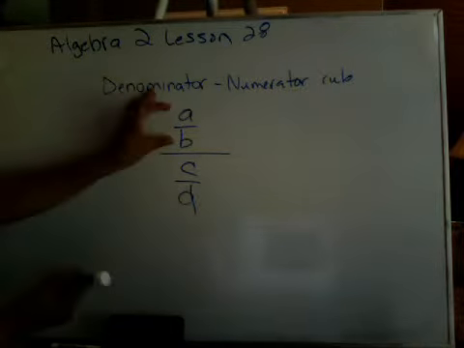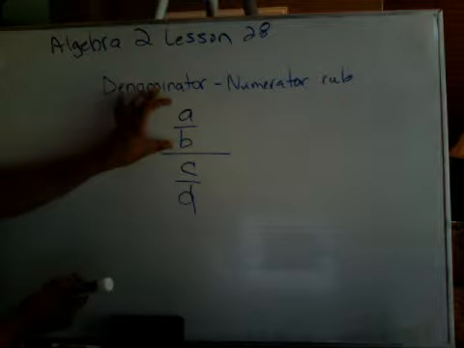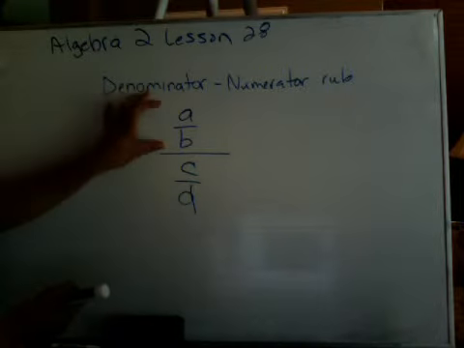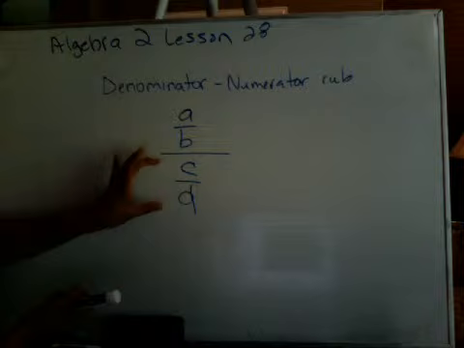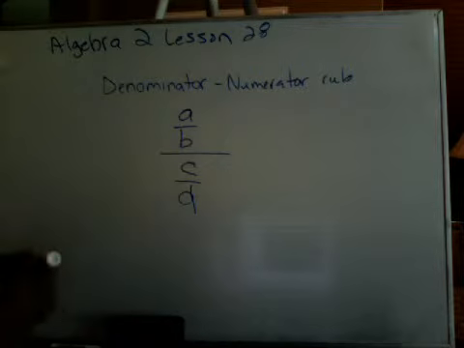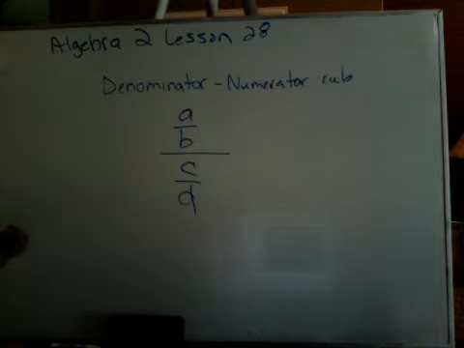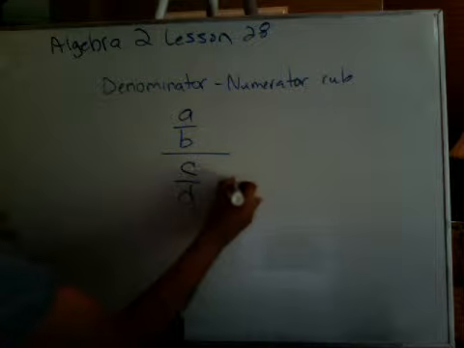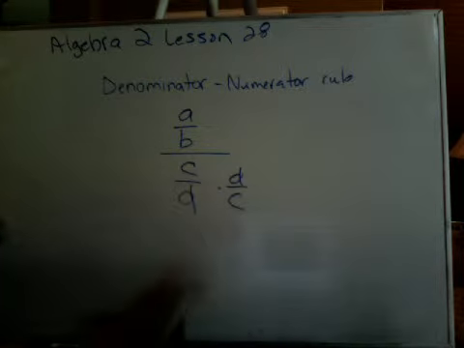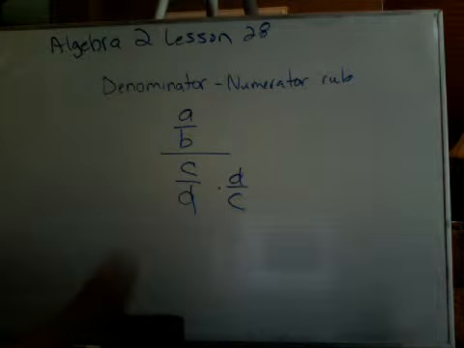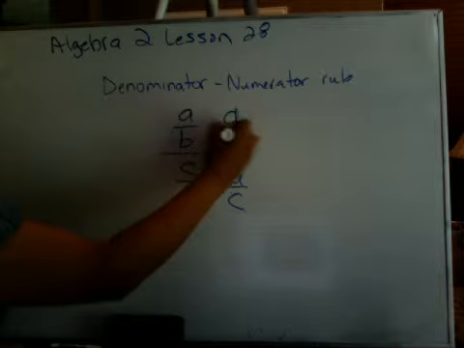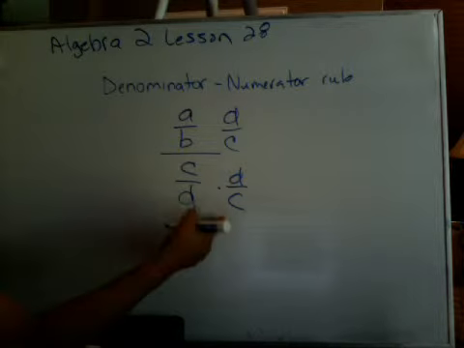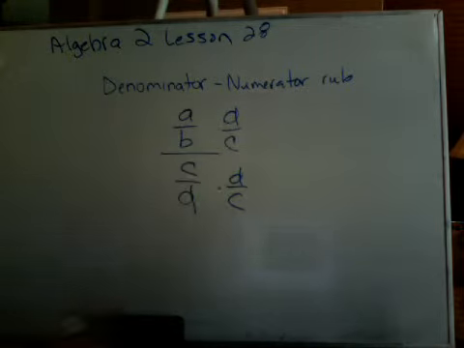So even though this is a fraction over a fraction, think of it as a number in the numerator and another number in the denominator. Think of this as your fraction bar. And we said if we multiply any number by its reciprocal, we get 1, right? So if we do that to the denominator, then we must also do it to the numerator, because DC divided by DC is simply 1.